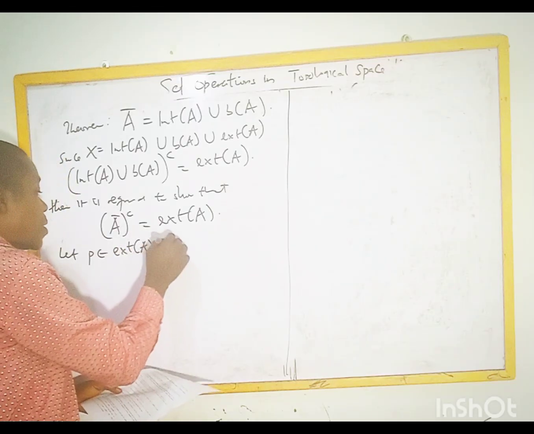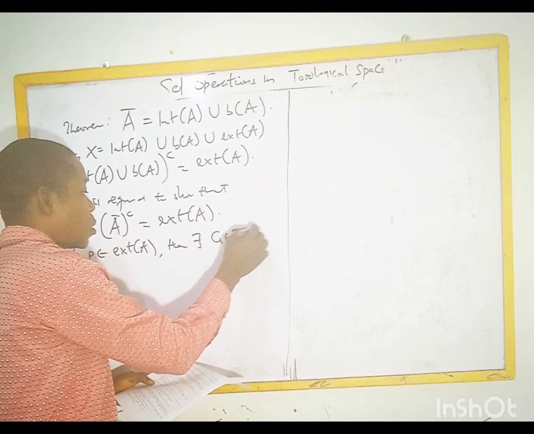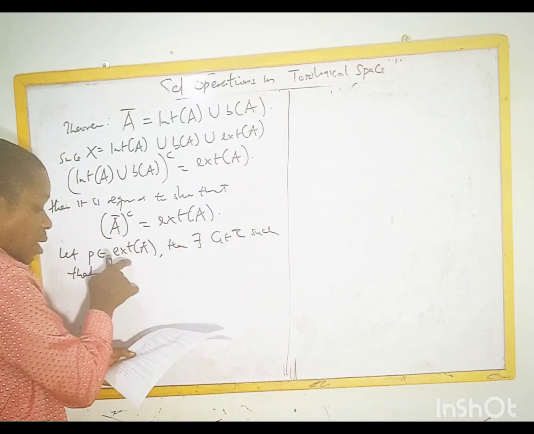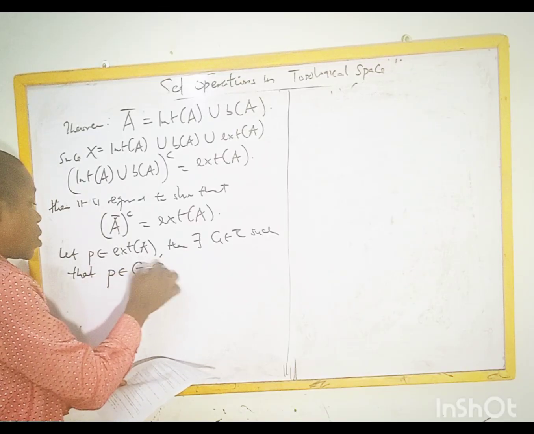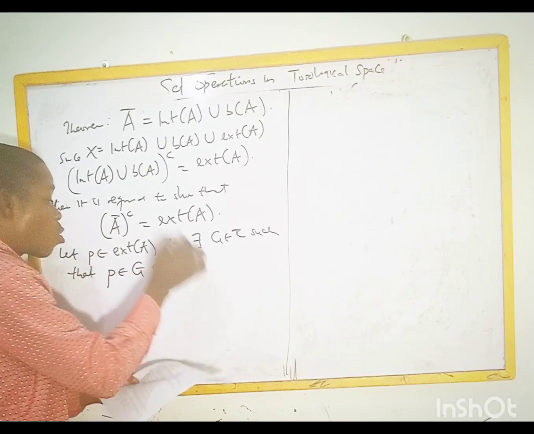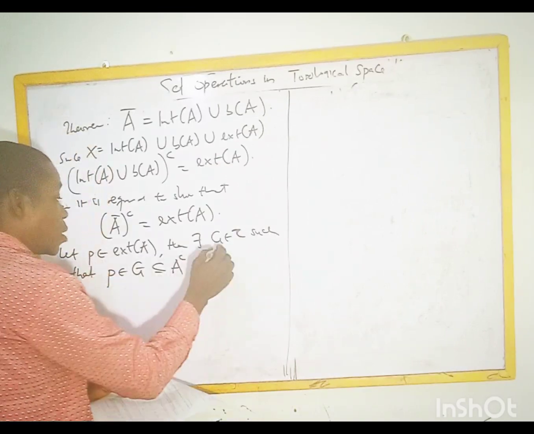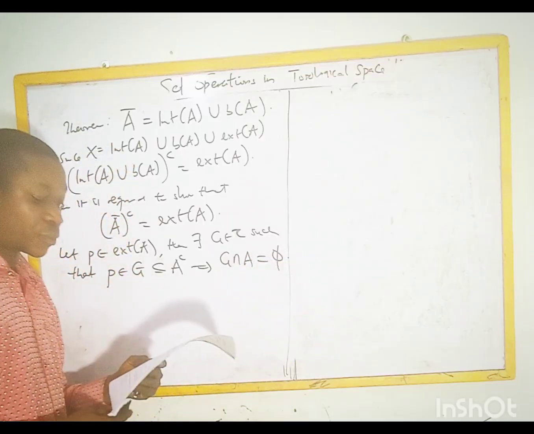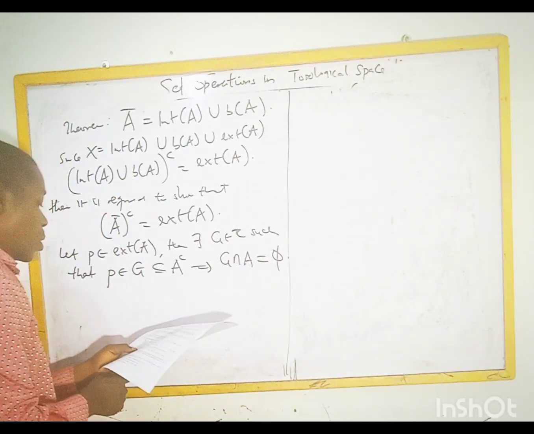Then there exists an open set G such that, because we are talking about an interior point, P is in G, which is a subset of A complement. By definition, this implies G intersection A is empty.